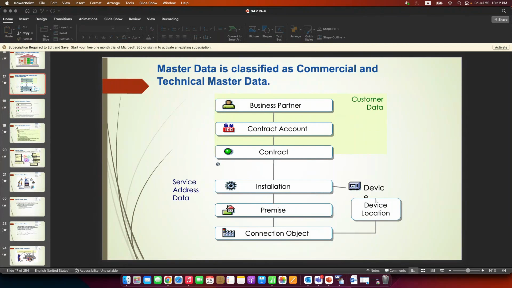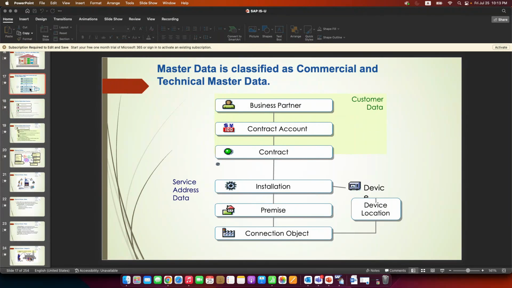So interchangeably we use these two words, contract account and business agreement. So don't get confused with those words. The name itself is saying it's an agreement. That means your utility company is going to set up an agreement with the customer or a business partner for the selected services.